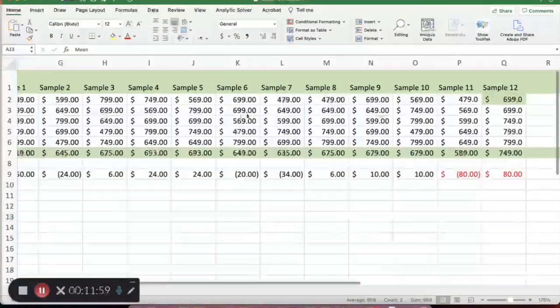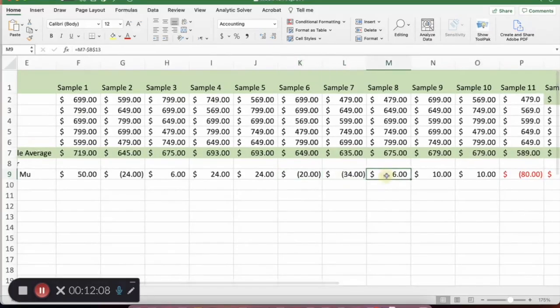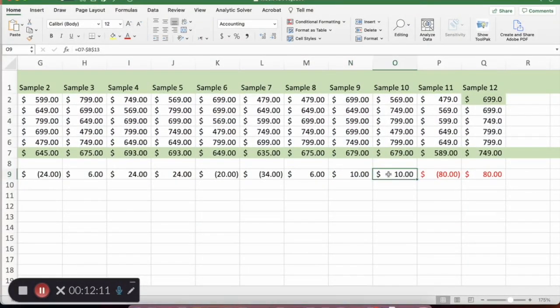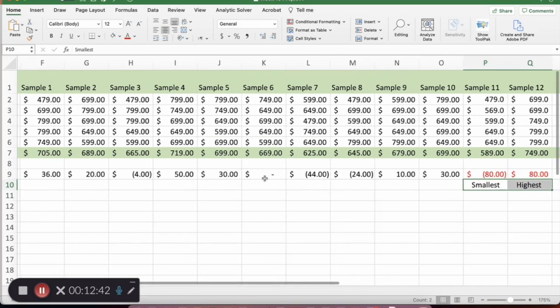We took 10 random samples, and we found that the sampling errors are 50, negative 24, 6, 24, 24, negative 20, negative 35, 6, 10, 10. But when I chose a sample that contains the largest numbers, the sampling error was the highest. And when I chose a sample of the lowest 5 numbers, we got the smallest sampling error, which is negative 8. If you look at the other numbers, this is 0.